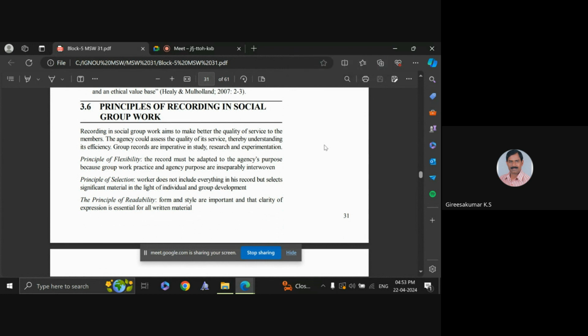Principle of flexibility. There must be flexibility. That means group work practice and agency purpose are inseparably involved. There will be a group, and the problems might have been identified.